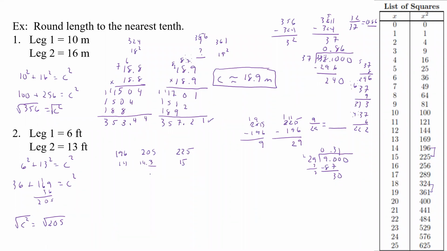And so now what we need to do is say, okay, well, what is 14.3 times 14.3? All right, so 3 times 3 is 9, 3 times 4 is 12, and that's going to be 4, and 4 times 3 is 12, that's going to be 17, and that's going to be a 5.